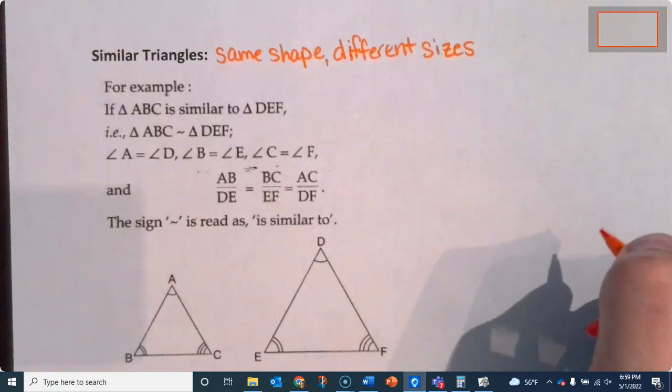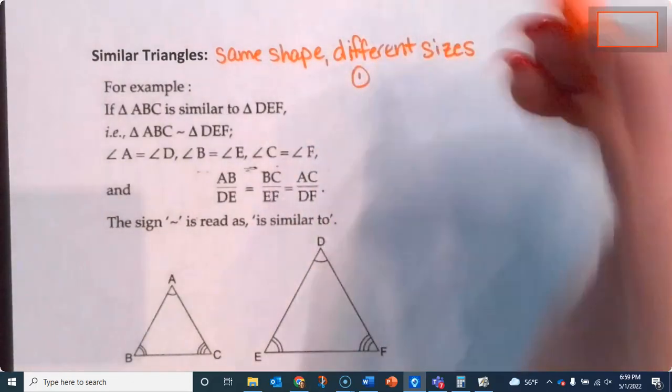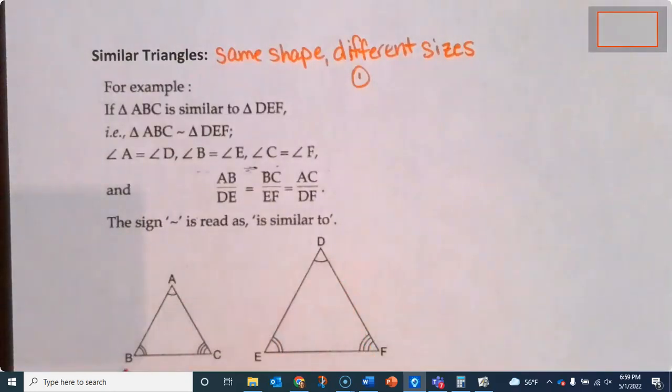So because of that, angles are equal to each other. So like angle A would be congruent to angle D, angle B is congruent to E, and C is congruent to F. So like they would have the same measures.